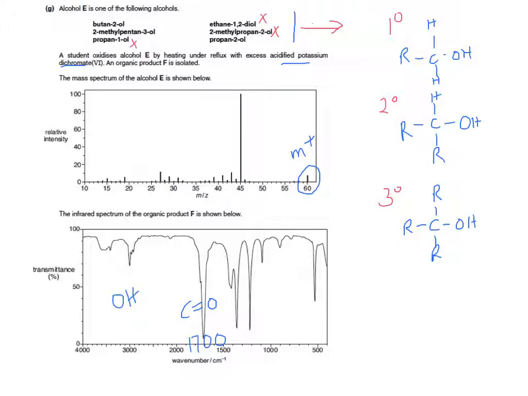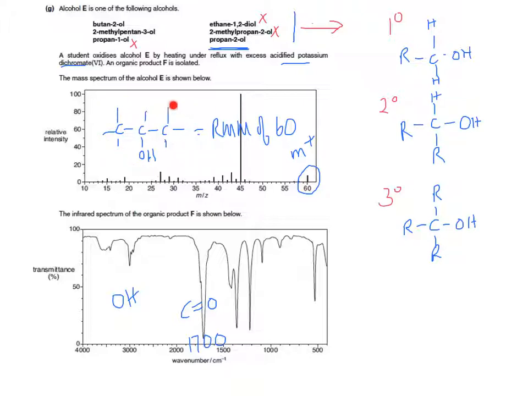When we consider the 3 remaining possibilities, what we need to do is compare the molecular mass to the molecular ion peak, and that brings us down to one final choice. It must have been propan-2-ol. The other alcohols would have given a much higher molecular mass than 60.